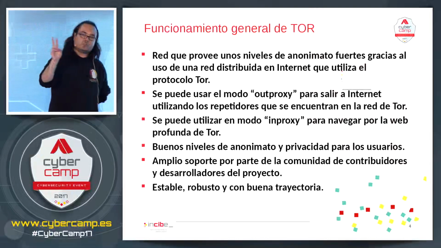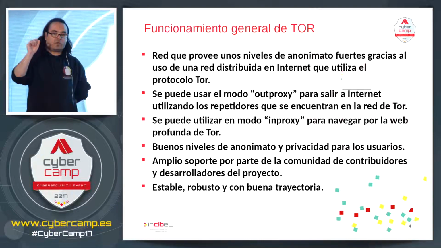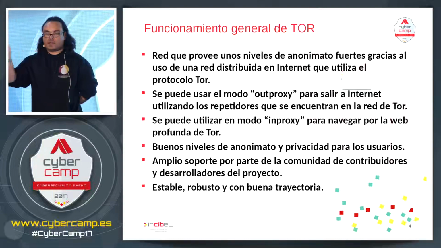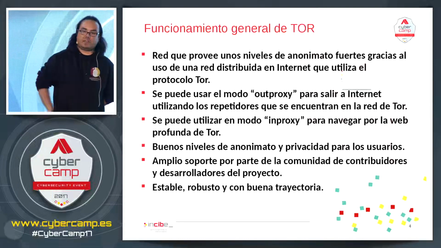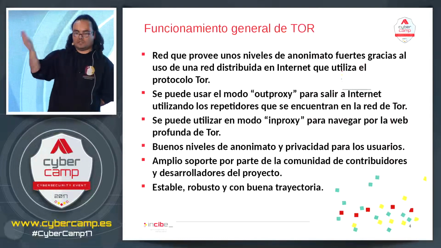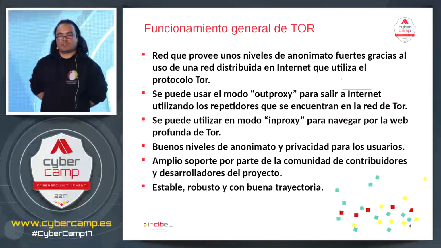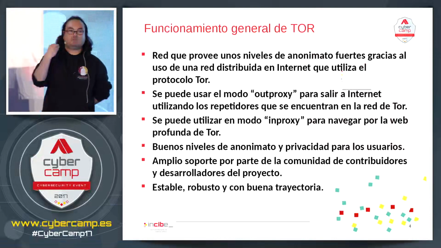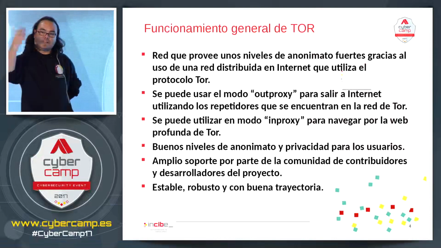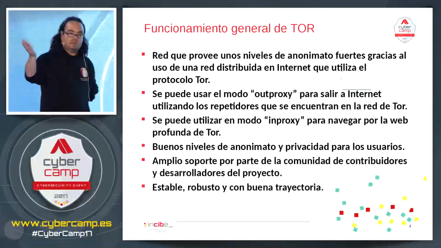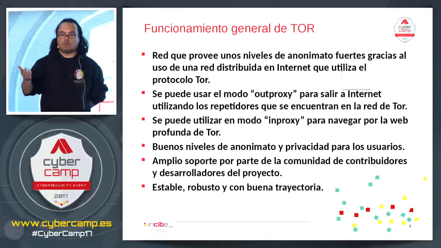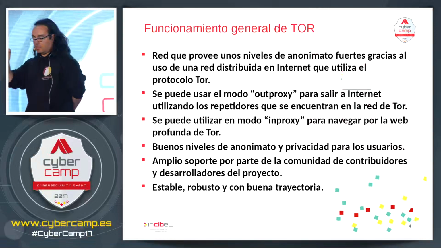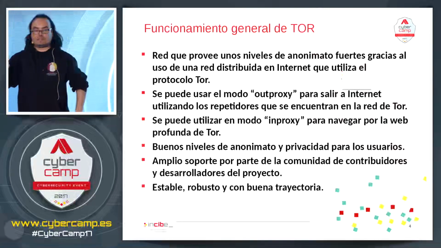It can be used in out-proxy and in-proxy modes. Both of them are very different from each other. Out-proxy is about surfing on any website, for example, Facebook, which is very good for your privacy, by the way. And you can use TOR in out-proxy mode in order to reach that kind of service on the internet anonymously by using the infrastructure provided by the network.